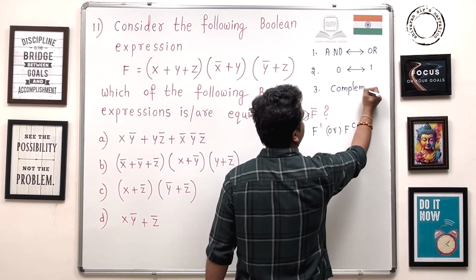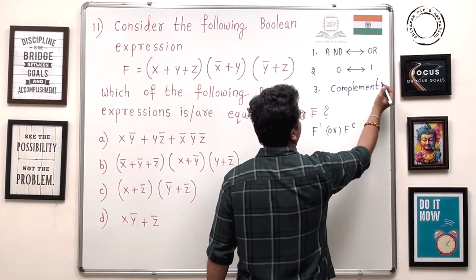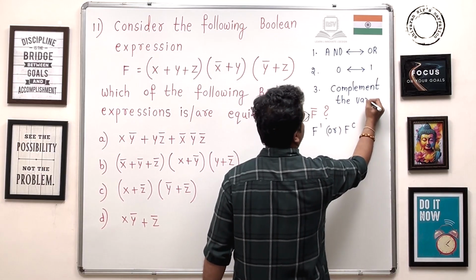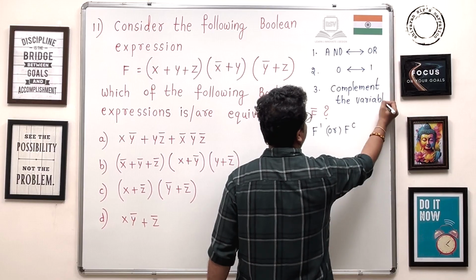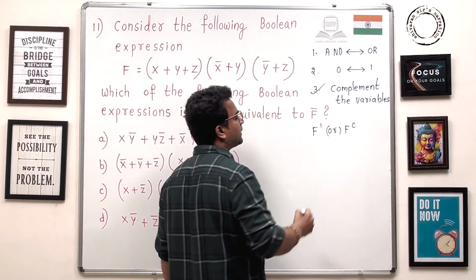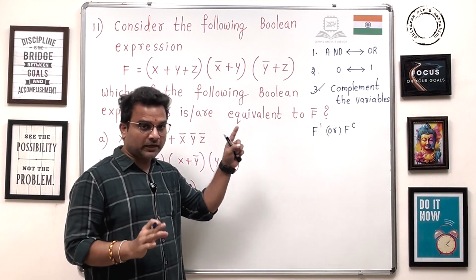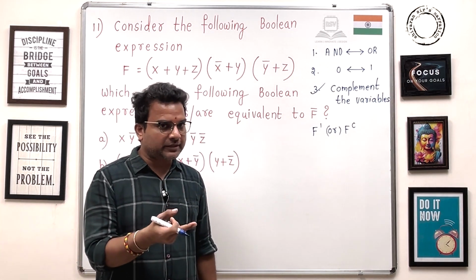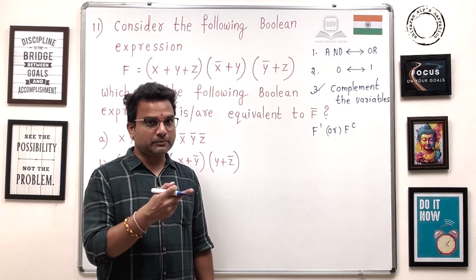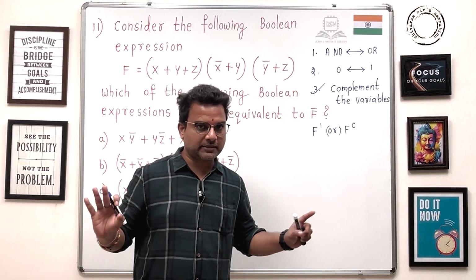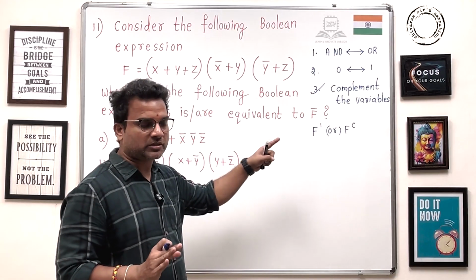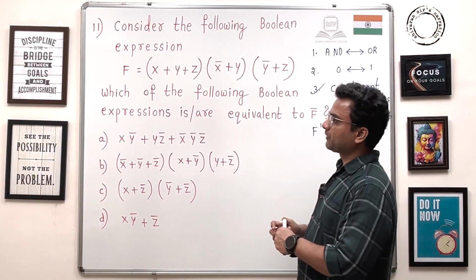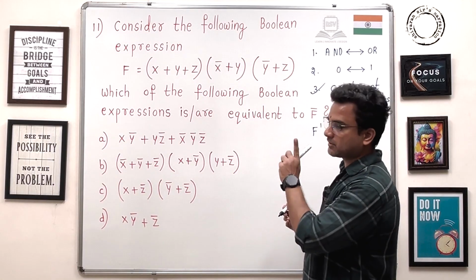This is the difference between complement and duality. Remember guys, the first 2 are the same in duality and complement, but in complement the third one is different, that is, complement the variables. In the given expression, if it is A bar, take it as A. If it is B, take it as B bar. That's it. If you follow these 3 rules, we can get the complement of the given expression. Let's try. Guys, the given expression f is this.